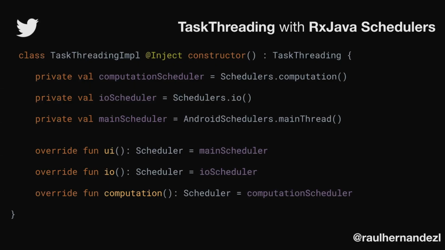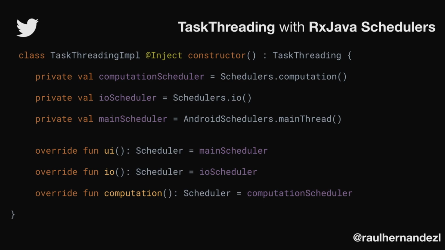And as I promised, that threading implementation is having a few things right there. I use different schedulers for Java, for the computation thread, for the input-output, and for the main thread of Android. And I expose these by methods like UI, IO, and computation. Those are going to be like that because I want to mock them later to change them for unit tests.